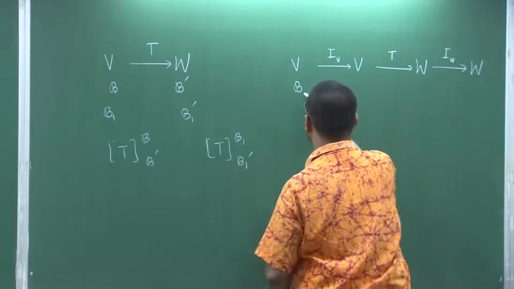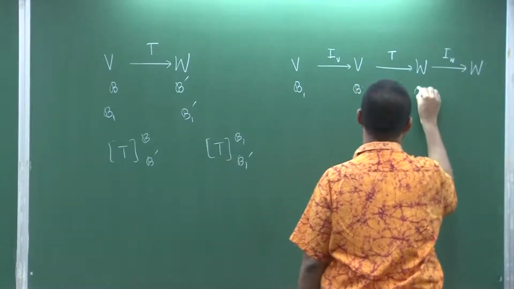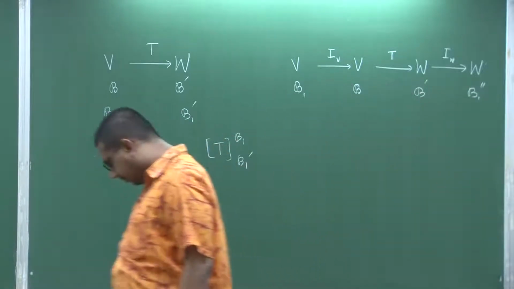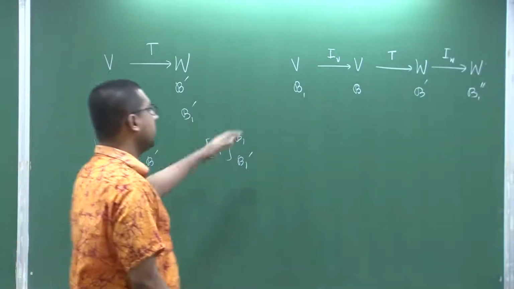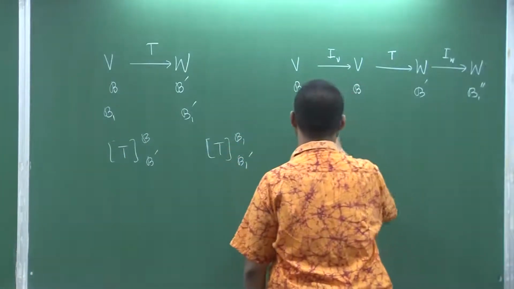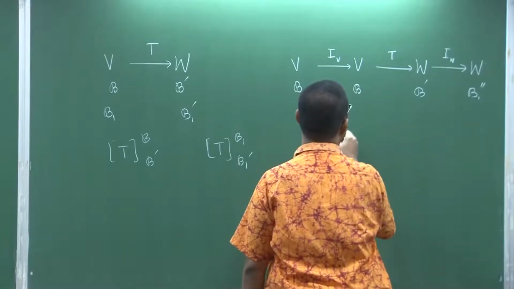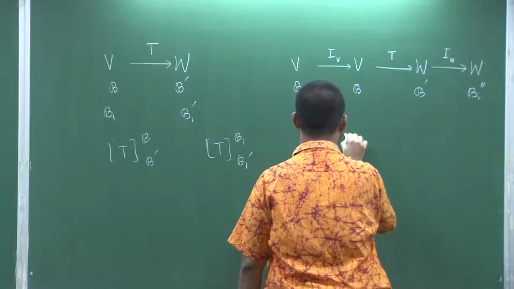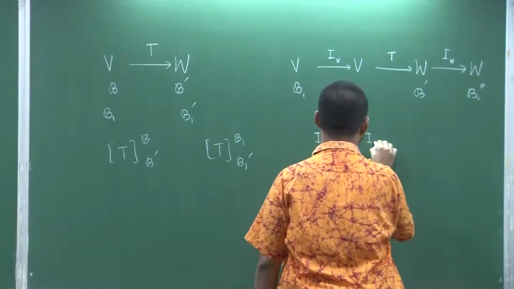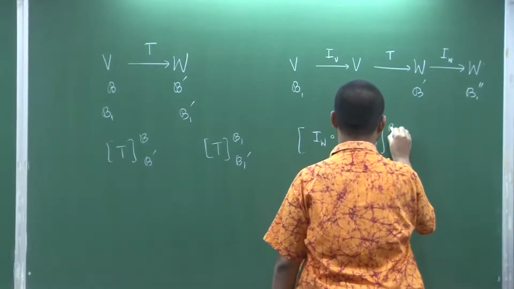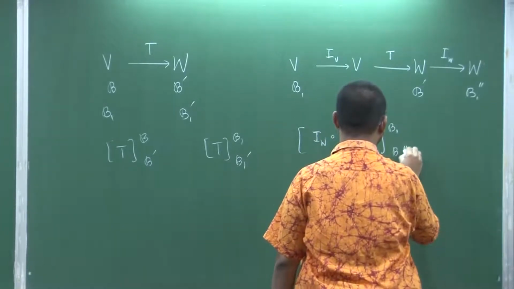So, these are my choices of ordered bases: B1, B, B prime, B1 prime. It is now very easy to see that this entire composition, I_W compose T compose I_V, with respect to B1 and B1 prime.